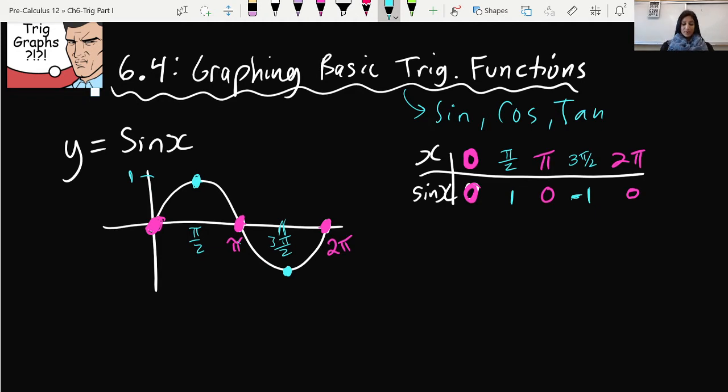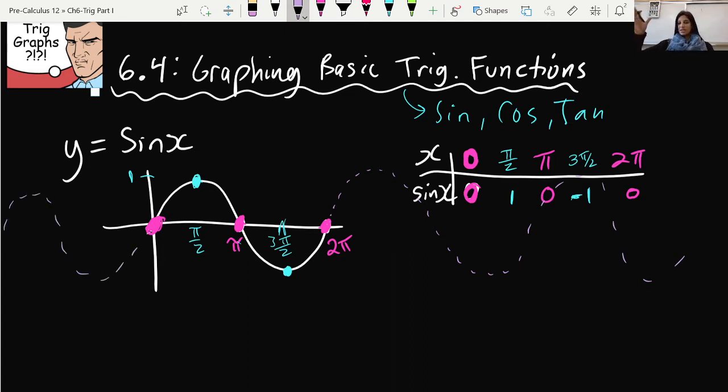So that's basically a very simplified version of what the sine graph looks like. I feel like that's a nice way to introduce you to this and to get you thinking about it. I am going to briefly tell you this: I only drew one cycle, or one period, of this graph. Technically speaking, this graph would keep going in both directions in that same pattern.